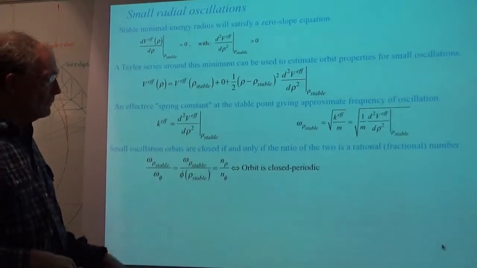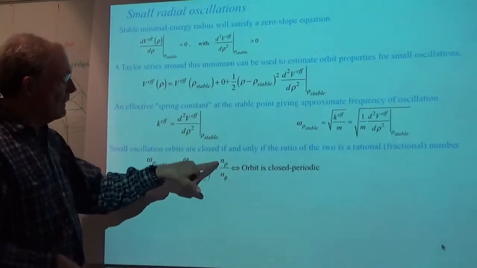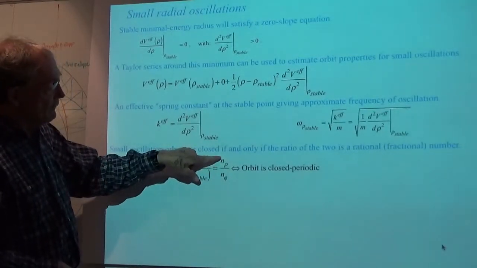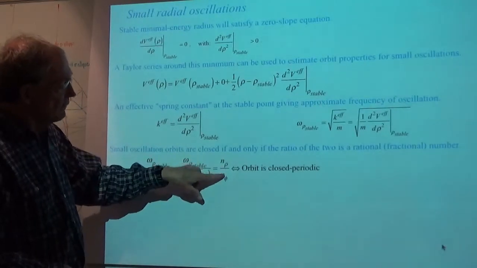So it's possible, practical, to get a closed orbit like that with an integer here and an integer there.